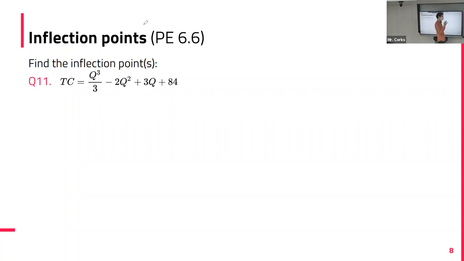Find the first derivative, set it to 0, solve for x, and then check what type it is using the second derivative. Inflection points are a bit different. Okay, so we do the same idea, but with the second derivative. Find the second derivative, set that to 0, solve for x or q in this case.